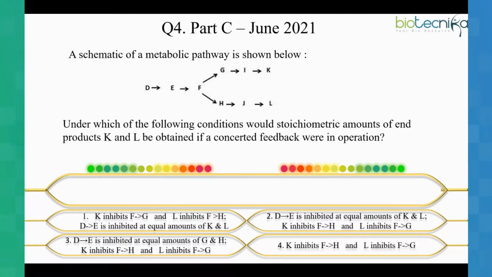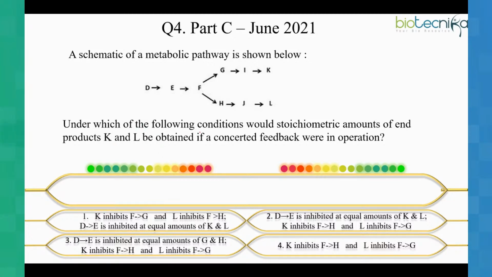And in fact, when you're doing research, especially with bioprocess, in industrial settings, you may be expected to know how to engineer and manipulate these types of metabolic pathways for the best production. Okay, so under this you will see they have given the end products K and L.